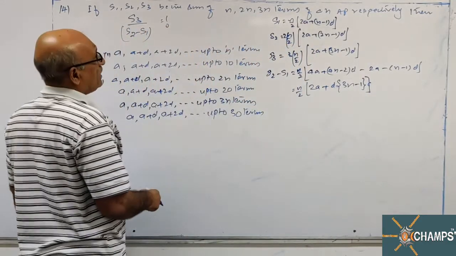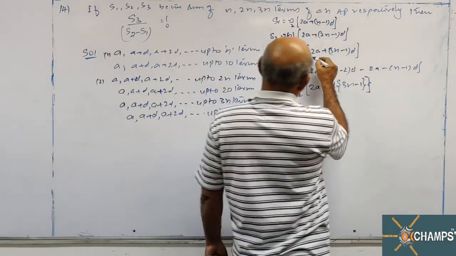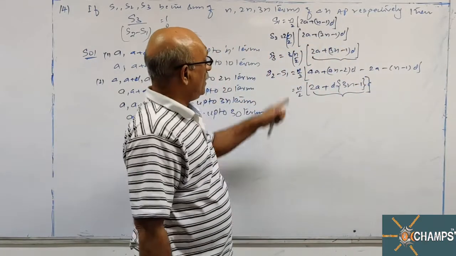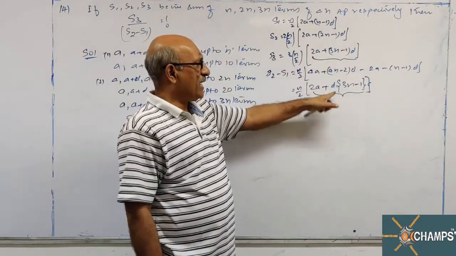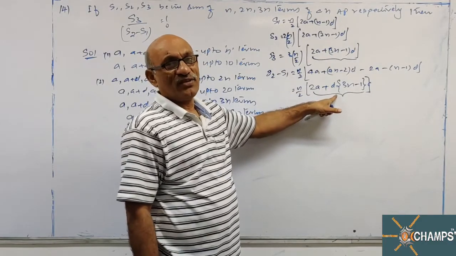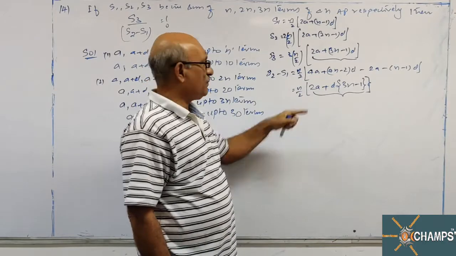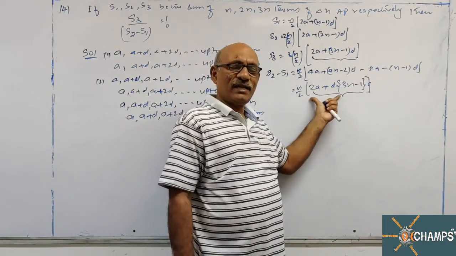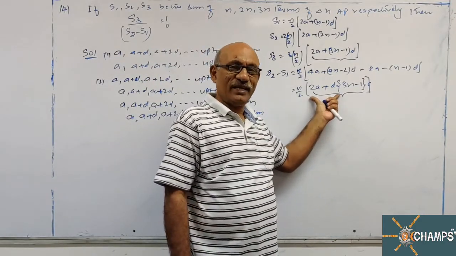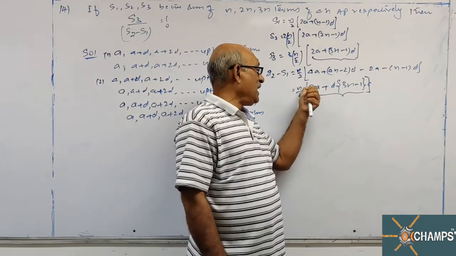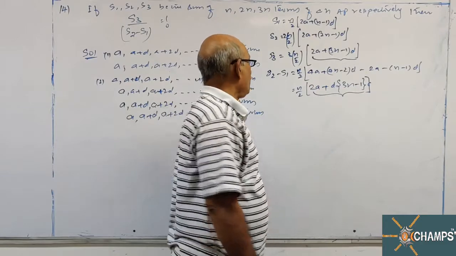Now look at this S3. This one and this one are the same. The value inside the brackets is the same as S3, and in S2 minus S1. Outside, n by 2 is there, n by 2 is there. To write the right hand side value as S3, I need a 3 outside the brackets.